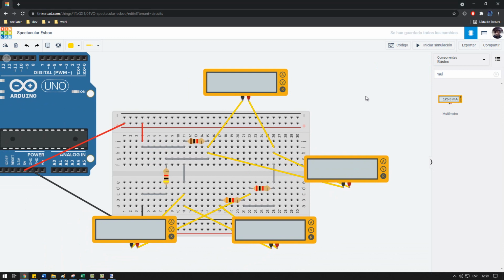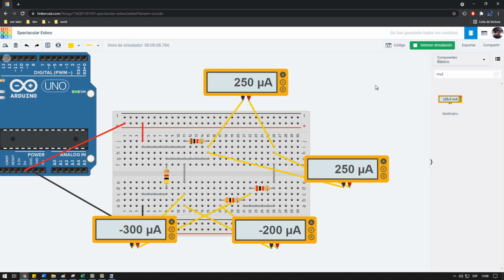Okay. Oh well, we don't need the resistance. We need the amps. Okay, amps, and amps. Let's check how it's working. Okay, something is wrong.